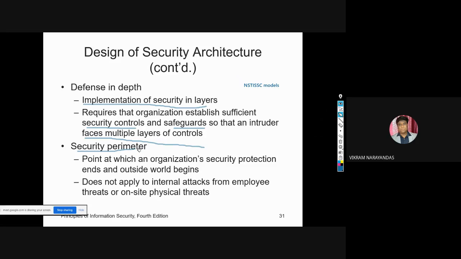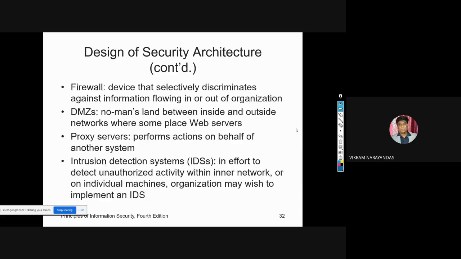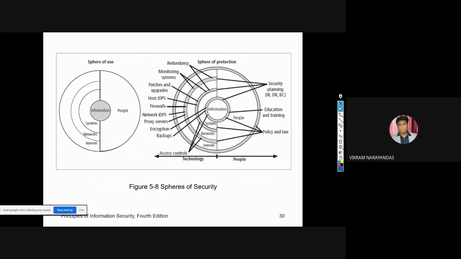In the previous diagram you can see the security perimeter for your organization. It does not apply to internal attacks from employee threats or on-site physical threats.